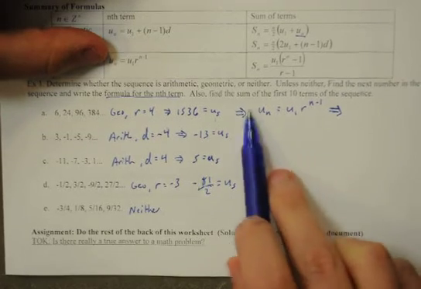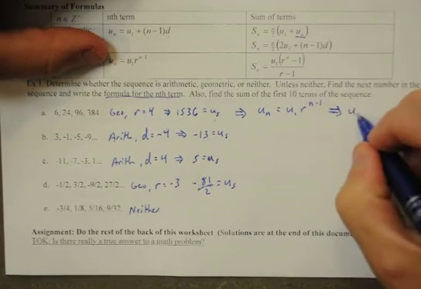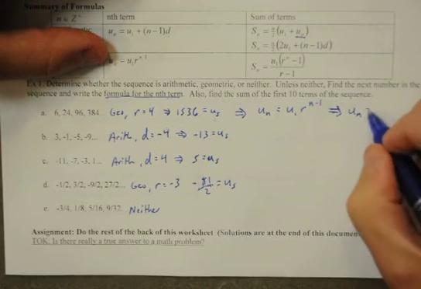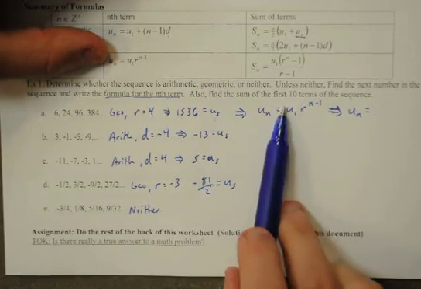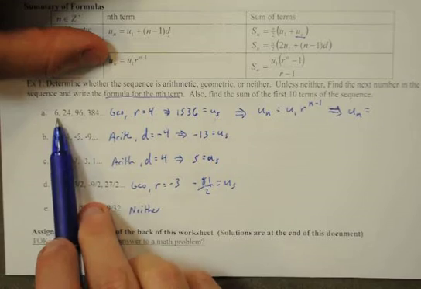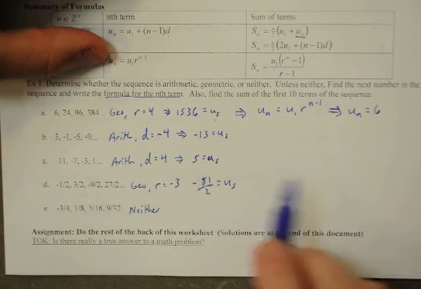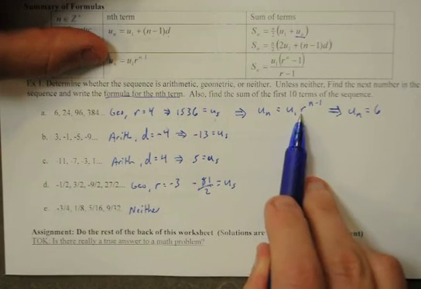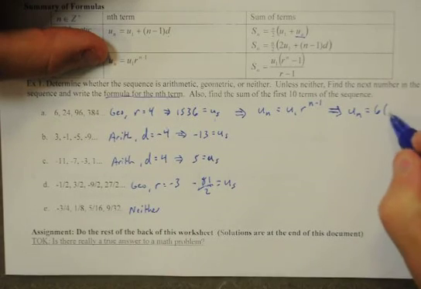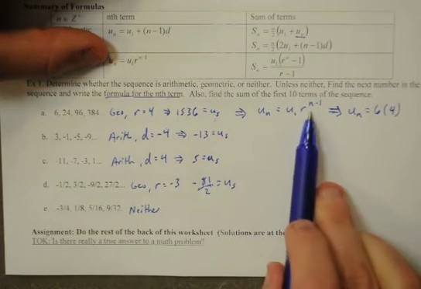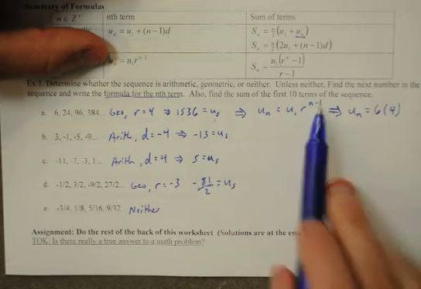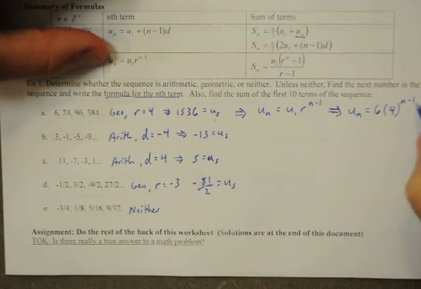So the nth term in this scenario is going to be equal to the first term, which is 6, times the common ratio, which is 4, raised to the n minus 1 power. And that's it. There it is.